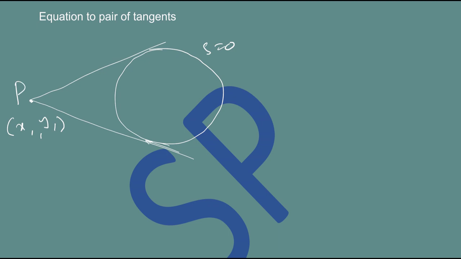Suppose we are given a point P(x1, y1) outside the circle. Now we have two tangents from P to the circle. We are going to find equations to these two tangents, I mean the combined equation of these two tangents.